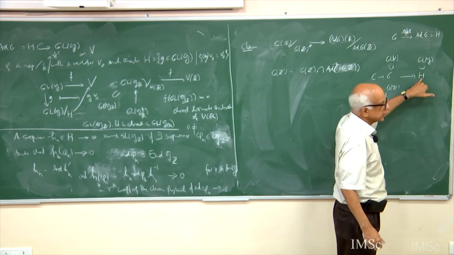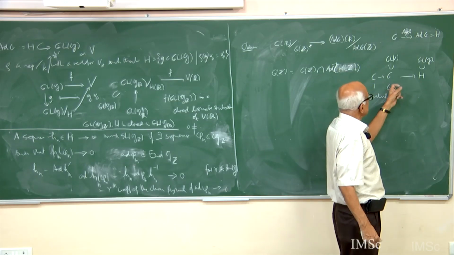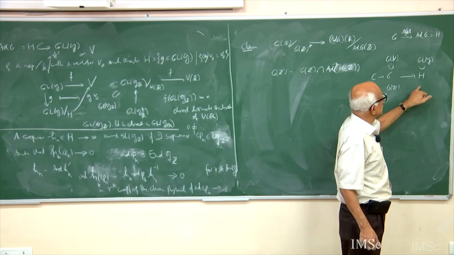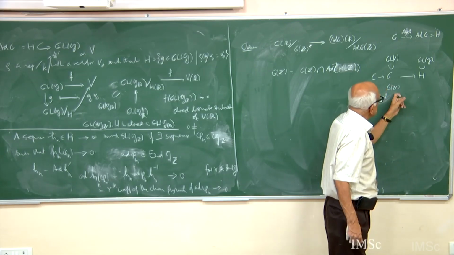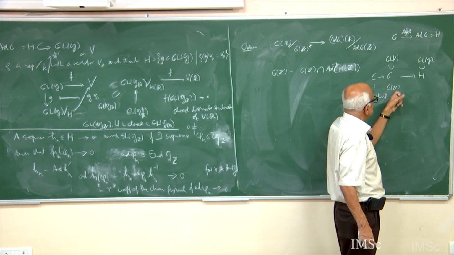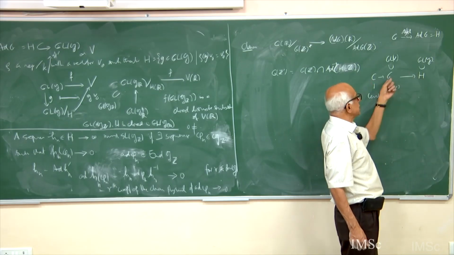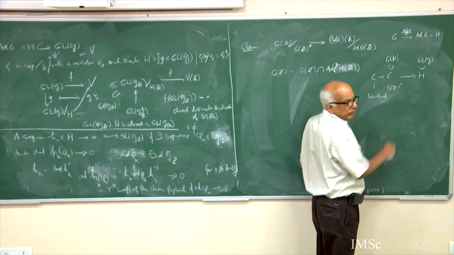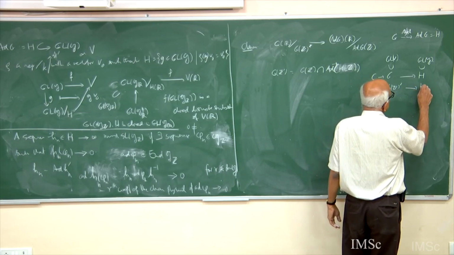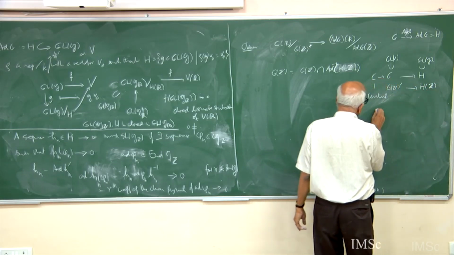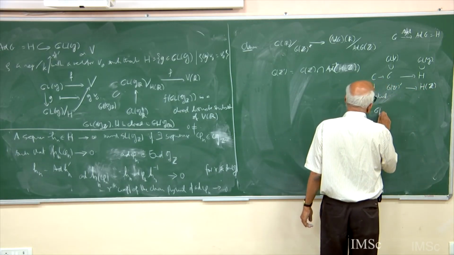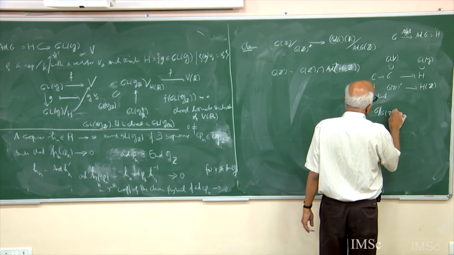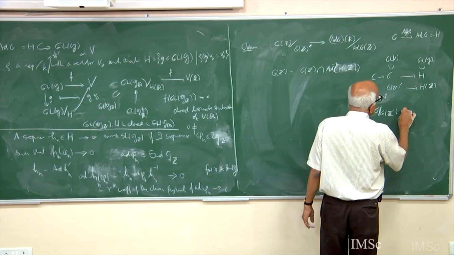So if I take integral matrices here, it's not clear that every integral matrix can be lifted to an integral matrix here. What you can do, however, is in GZ, take integral matrices here, look at the inverse image. They may not be integral, but intersect with GZ. Call that GZ prime. So that maps into HZ. So you get a natural map of GZ prime into H by HZ.